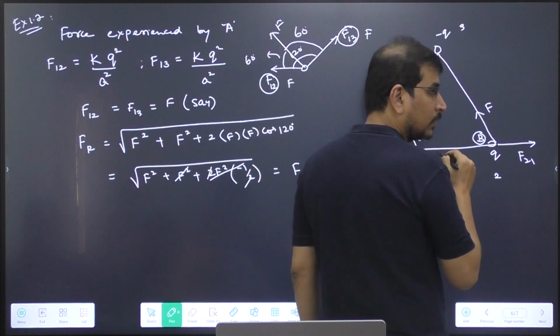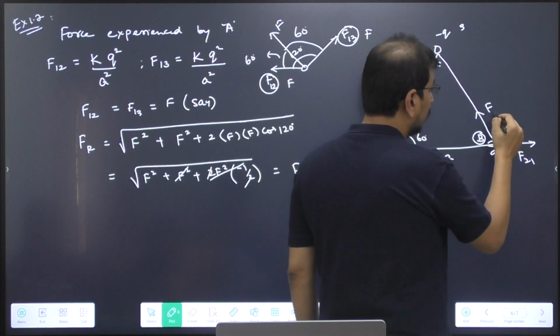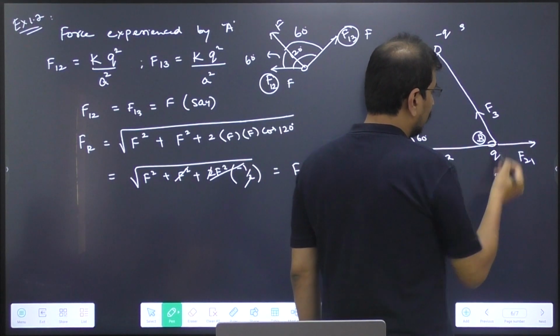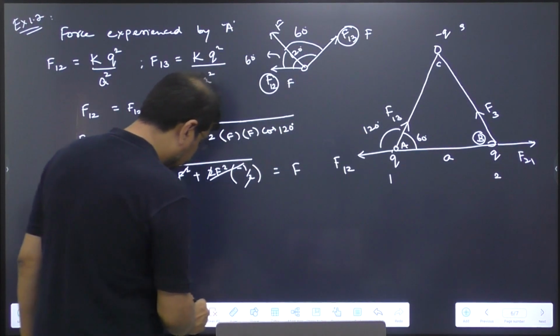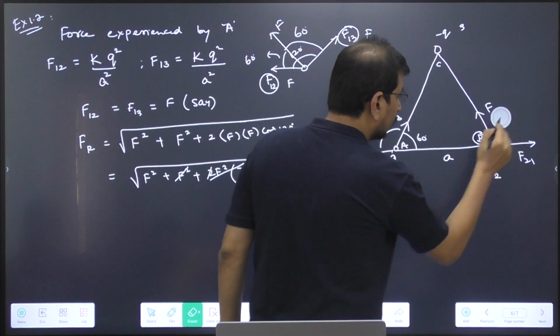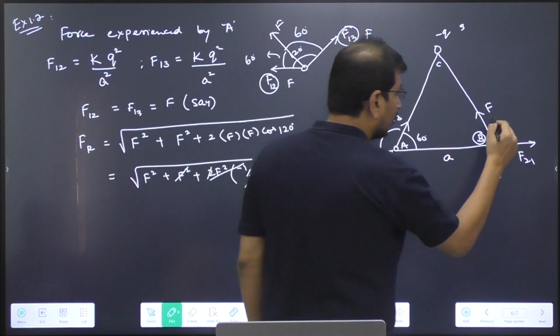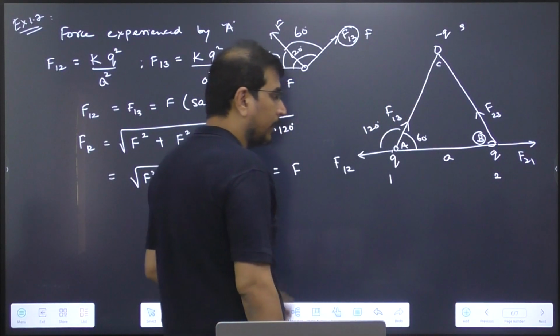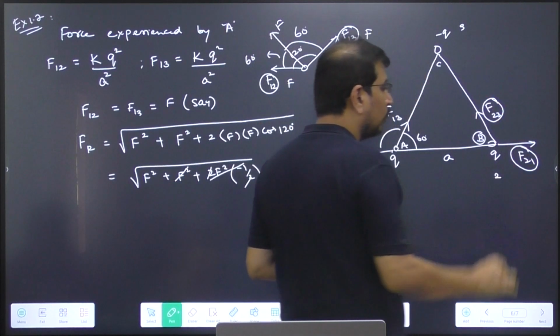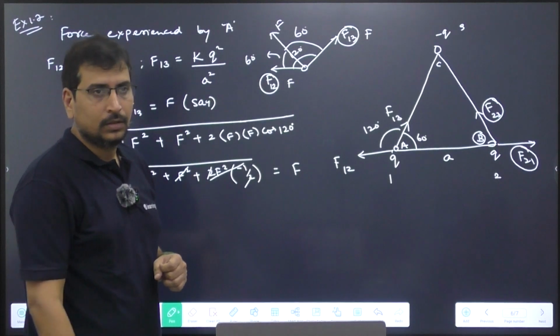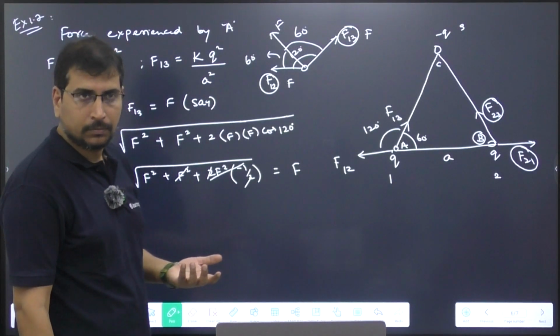So it will be F. How much? It's F23, no? It's F23, right? So when you calculate the magnitude, what will be the value of F21 and F23 in this scenario? It will still be the same, right?